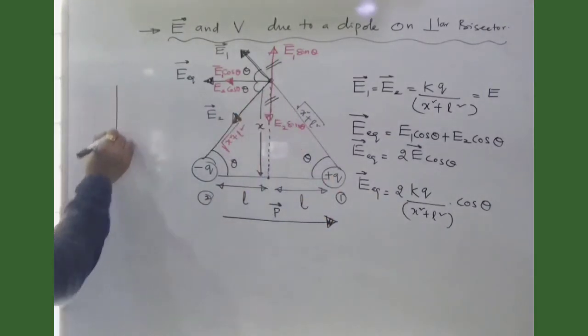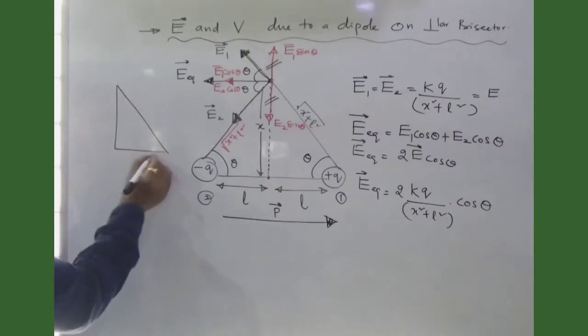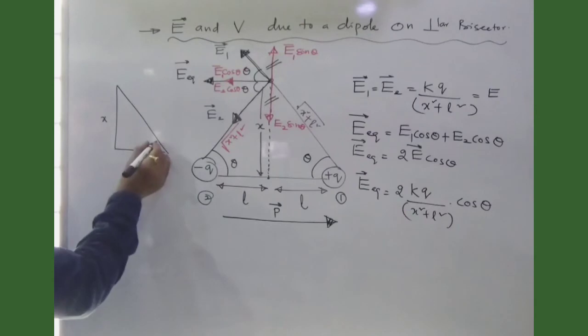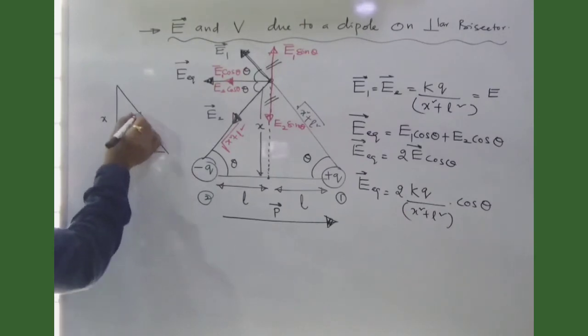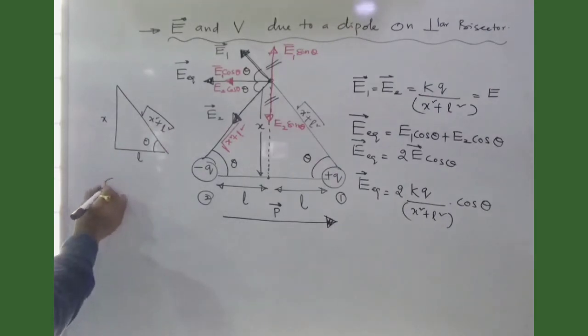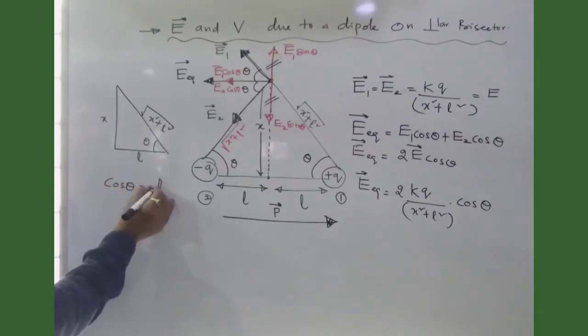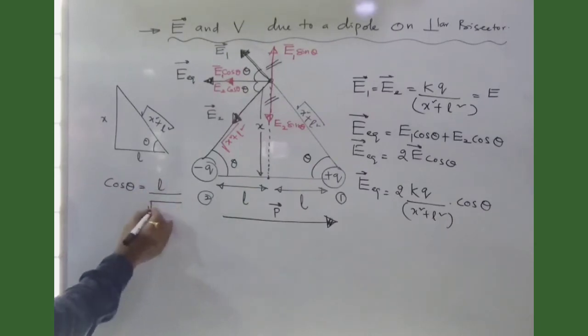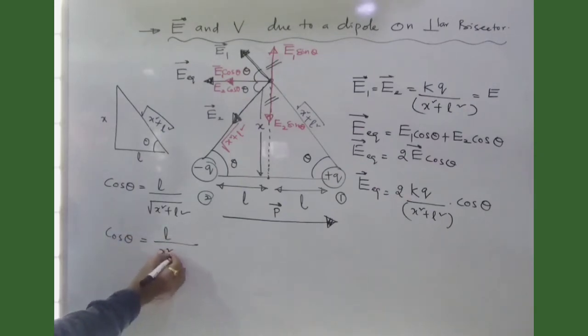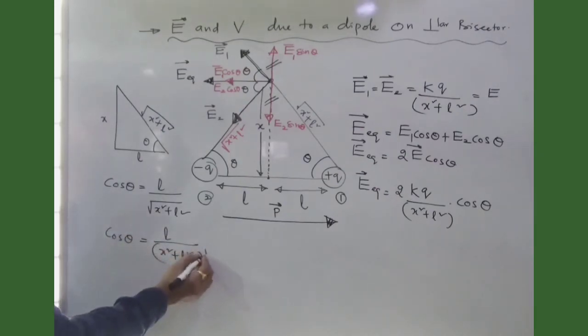From the triangle, this is L, this is x, here it is theta, and here it is under root of x square plus L square. So cos theta can be written as L divided by under root of x square plus L square, or cos theta is equal to L divided by x square plus L square whole to the power of 1 by 2.